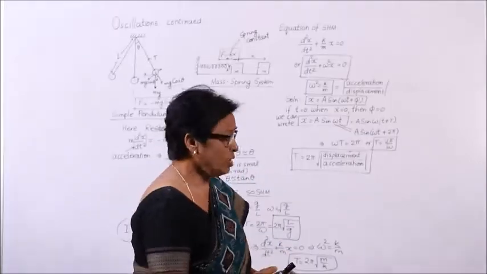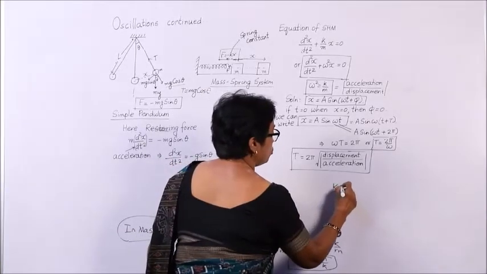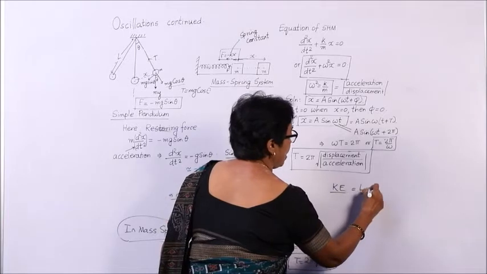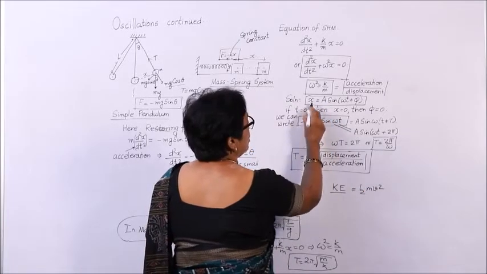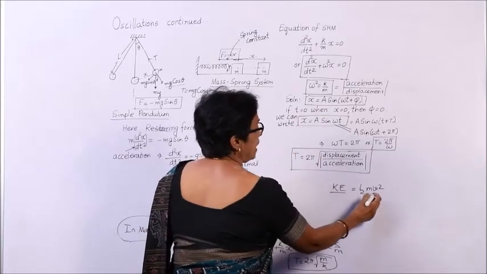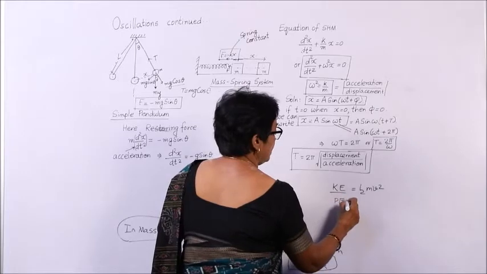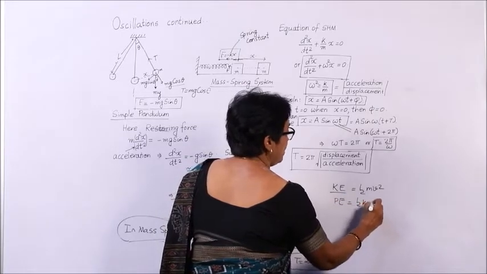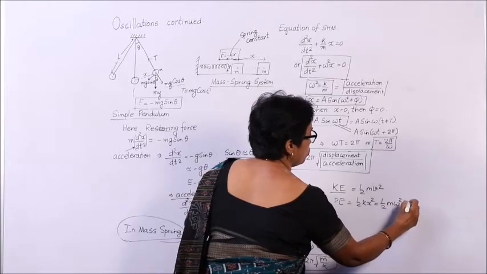Now, in the last class we found out the kinetic energy. You should know the formula kinetic energy half mv square. This is the x, differentiate it and you will get the velocity, its square and you will get the kinetic energy. Potential energy is half kx square, k is m omega square. So, half m omega square x square.